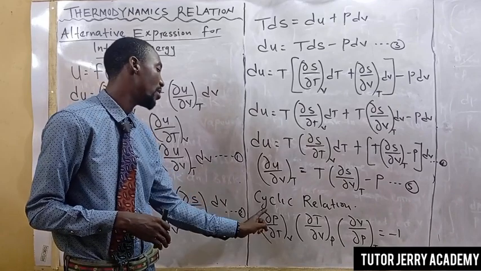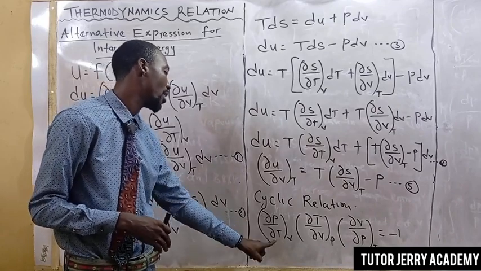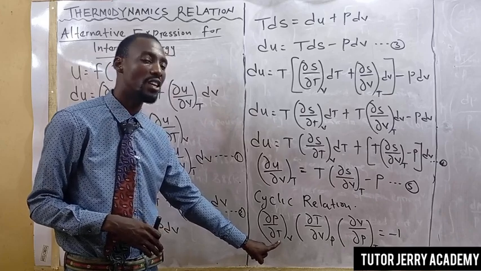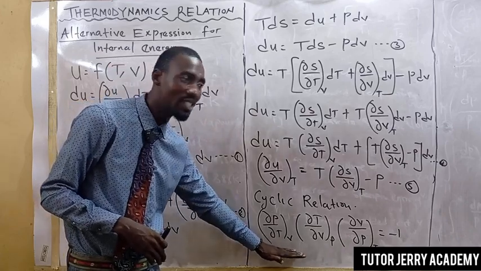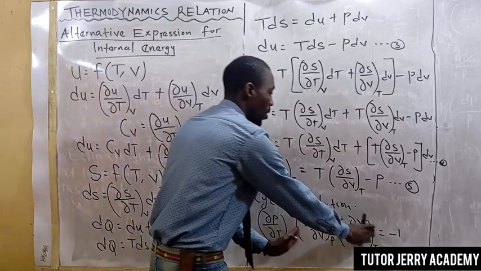All right. So from here now, the next thing we are going to do is we are going to make the partial derivative of P all over the partial derivative of T, keeping V constant, the subject. That is, we are going to divide through by what is here.